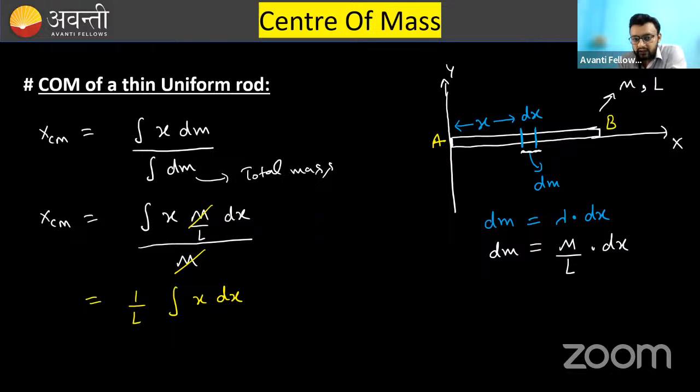End A is at a distance 0 from the origin, and end B is at a distance L from the origin.